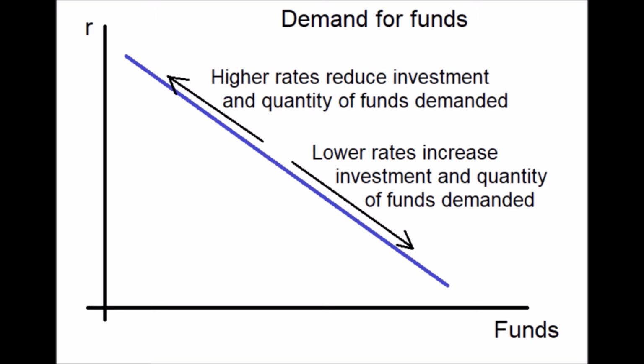So at all these different rates, the whole demand curve would shift to the right with greater expected profits. And on the other hand, deterioration of expected profits, possibly because of a recession, would mean that companies don't want to make any investments. If they're not going to make investments, they don't need to borrow the funds, and the demand for loanable funds, this whole curve, shifts to the left.